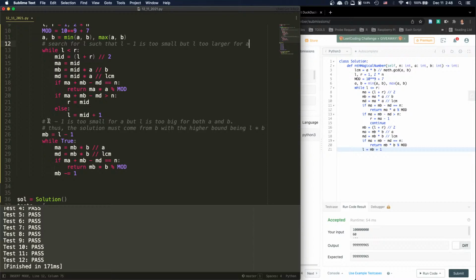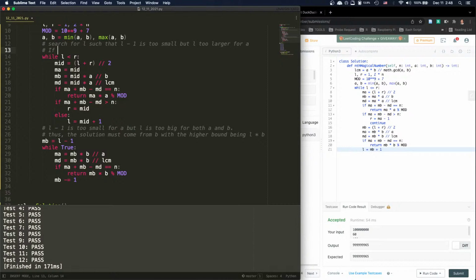So when it comes out, now if along the search we obtain the correct value, then good for us. All right.